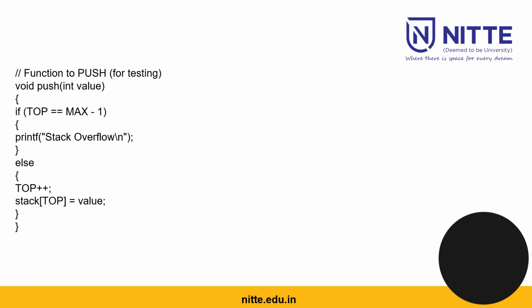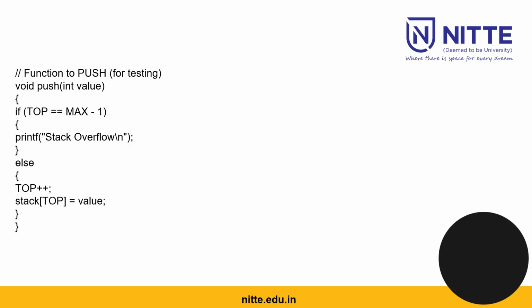So we know how to write the push operation, that is void push(int value), and if top is equal to maximum minus 1, it means the top is pointing at the last location. Top is pointing at the last location means the stack is full. So that is why it will print stack overflow.